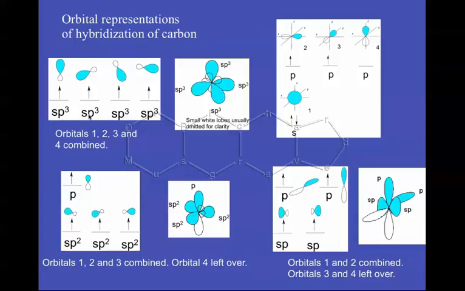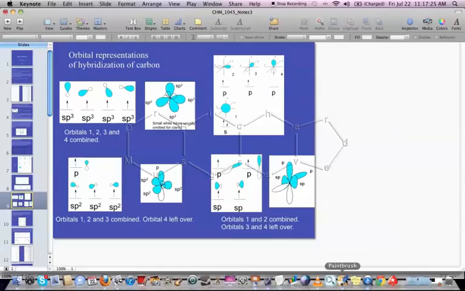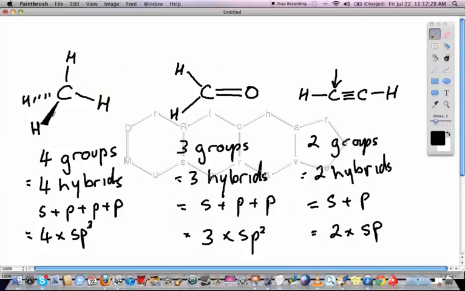Alright, well, let's see how we can use these hybrid orbitals to explain shapes of molecules. So let's say we've got something like methane. This is CH4, and what I'm trying to show here is that these 2 hydrogens are in the plane of the screen. This one is pointing back, and that's what the dash means, and the wedge here means that this hydrogen is pointing forward.